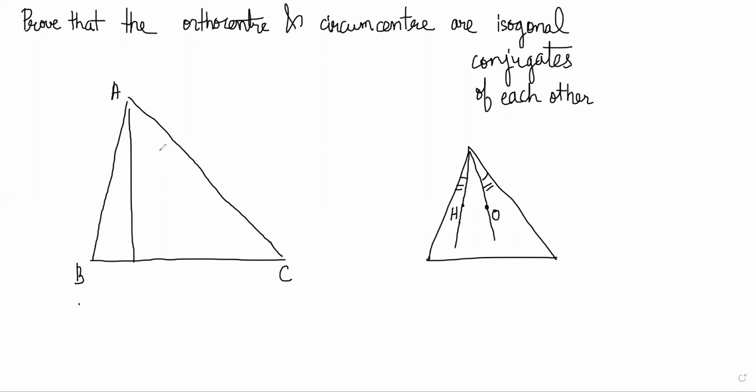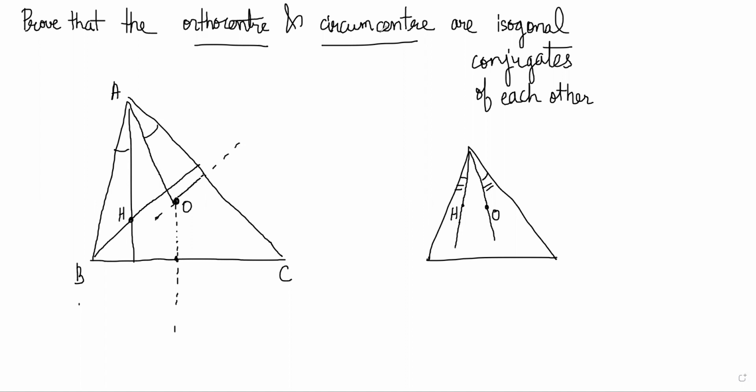The second line is not looking perpendicular. Something like this, the orthocenter will be here, right? And the circumcenter will be here if I make perpendicular bisectors. Is everyone understanding? This is the circumcenter and this is the orthocenter. So what we need to prove is that if I join O to A, this angle is the same as this angle.